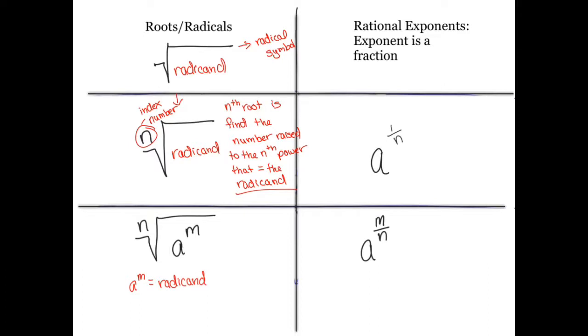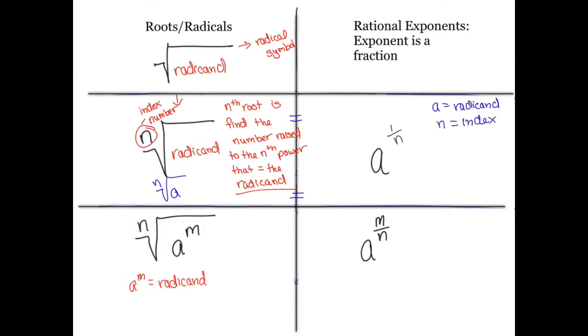Okay, now if we look over here on the rational exponents page, these two expressions are equal to each other. If I take the nth root of a, that is the same thing as a to the 1/nth power. A is still the radicand. And you can see that n is equal to the index number.